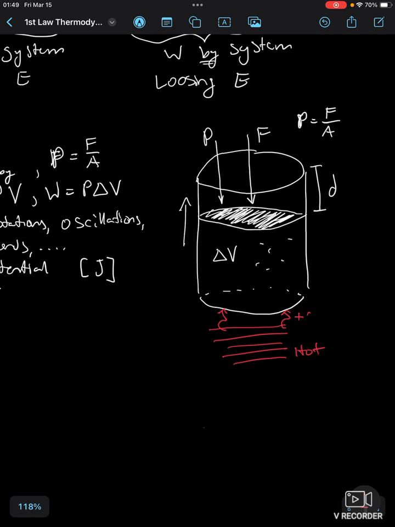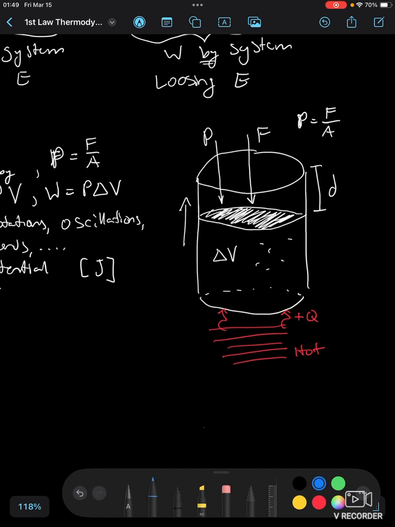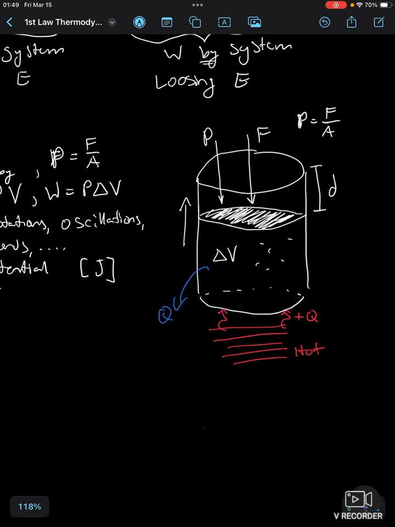Well, we have heat going from the environment into the system. So heat is being absorbed into the system. That would mean that energy inside the system is increasing. Whereas if we were having heat leave the system, it is in fact losing energy. So that is negative Q.